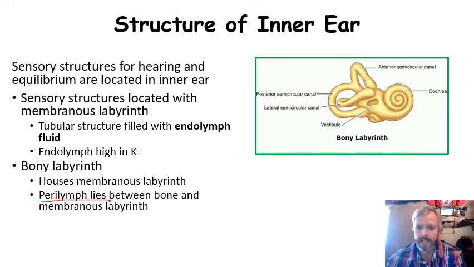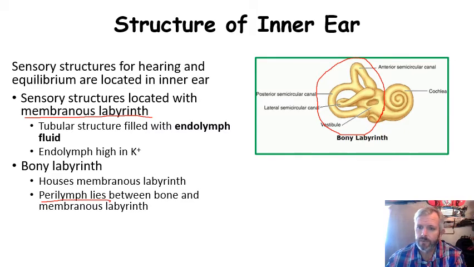But inside, running the length with it, is this inner membranous labyrinth. This is where the sensory organs are going to be held for what we call the vestibular apparatus, this portion of the ear here, where we're going to get equilibrium.